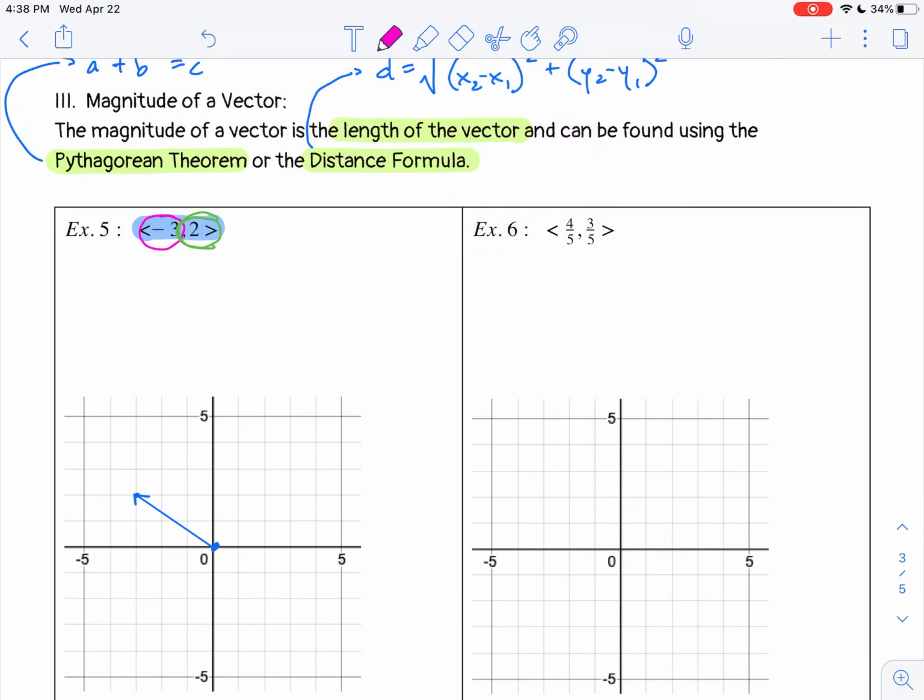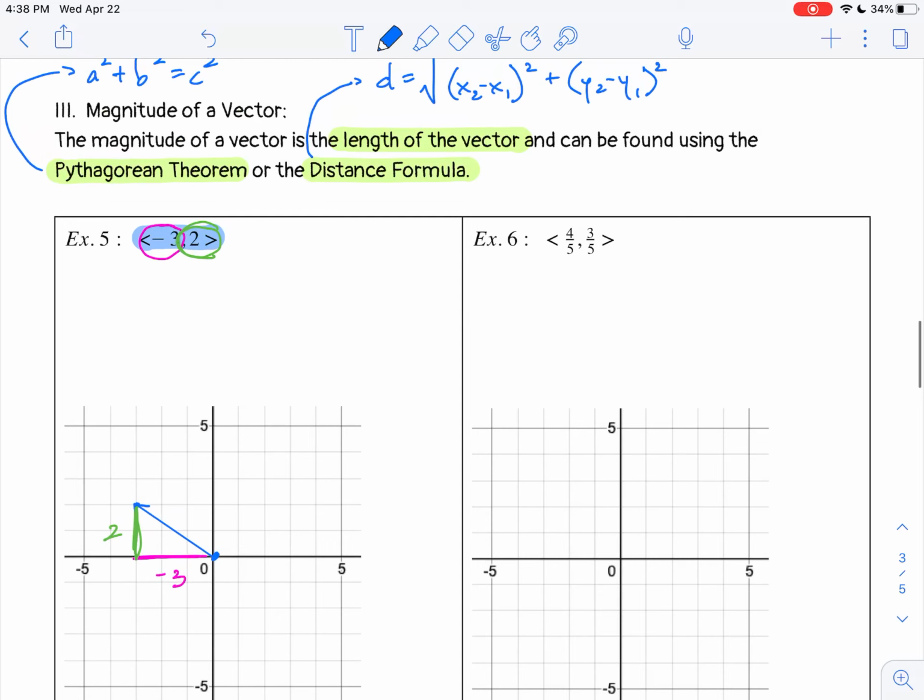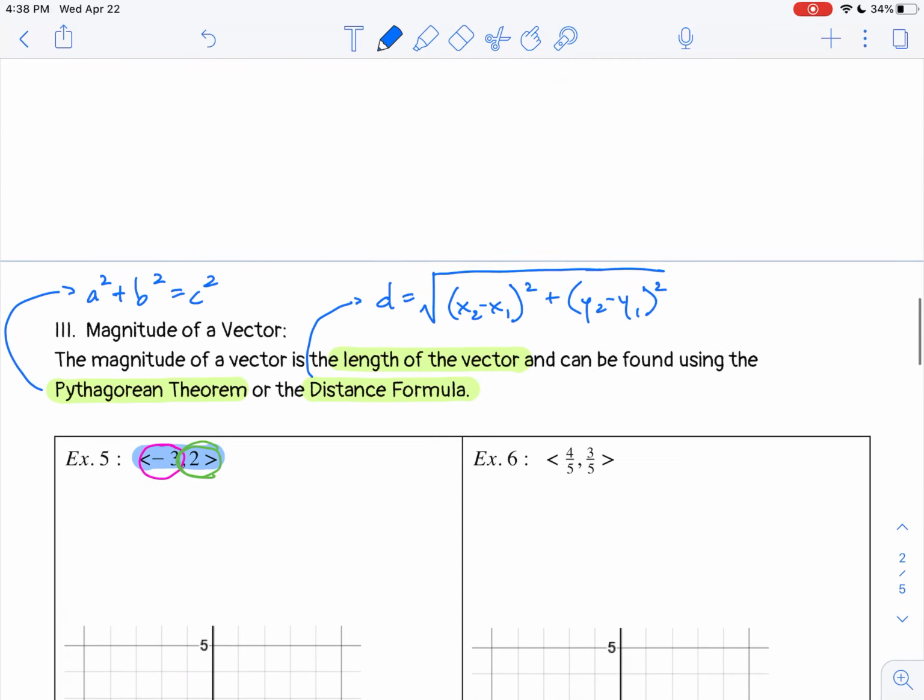Well, we still have the same horizontal piece, -3, and our vertical piece is 2. Now it becomes a little clearer why we're using the Pythagorean theorem, because to find the length of this vector, I need to find the hypotenuse. So I'm going to plug those numbers into the Pythagorean theorem and calculate my hypotenuse.